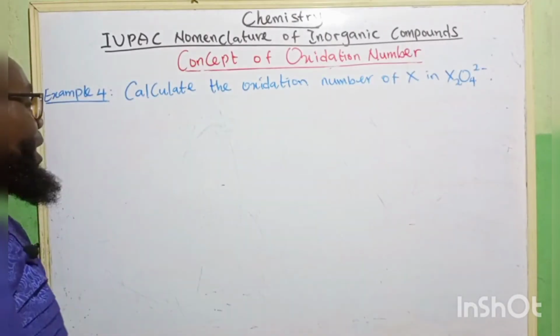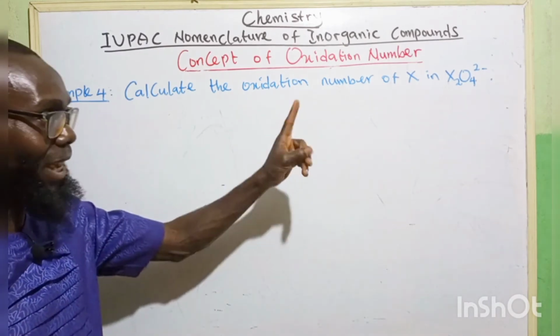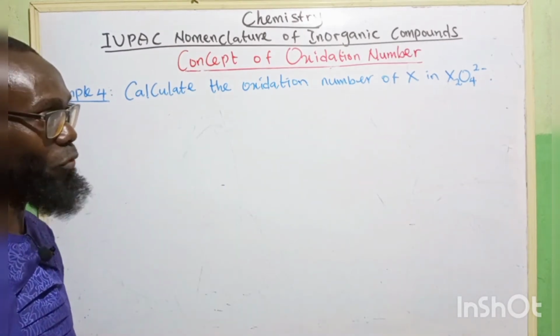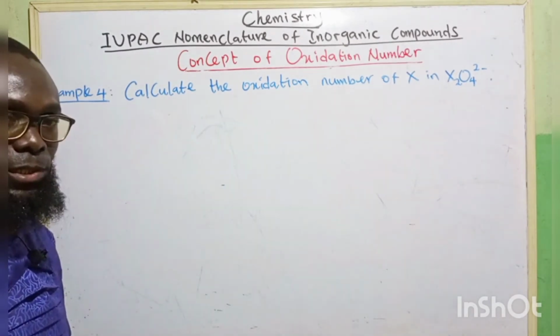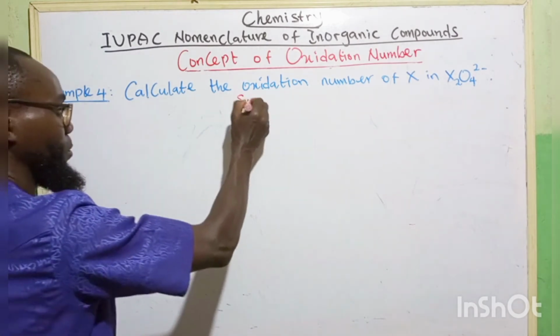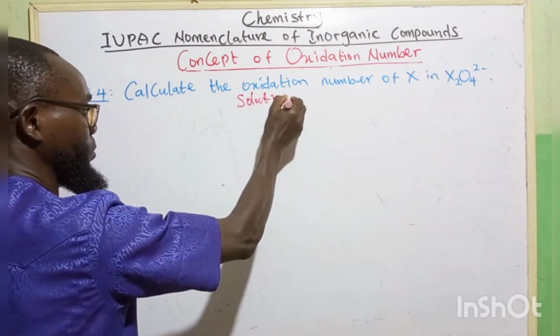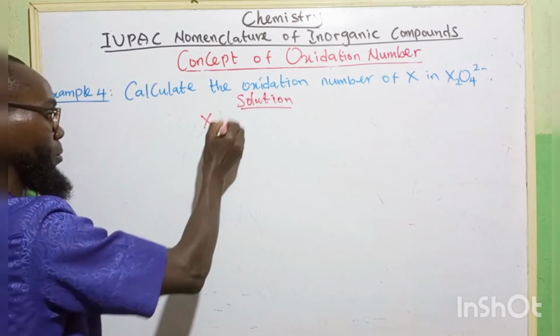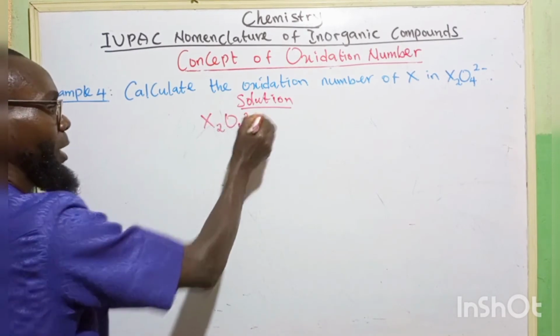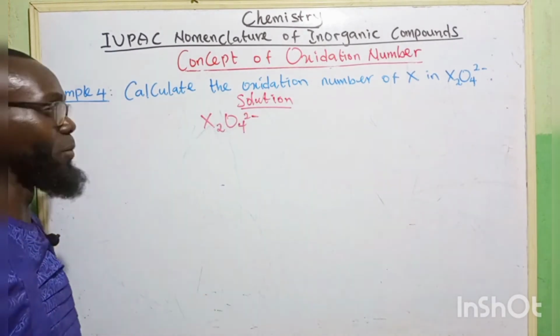Example 4: calculate the oxidation number of x in S2O4 raised to the power 2 minus. Here, we want to get the oxidation number of x.